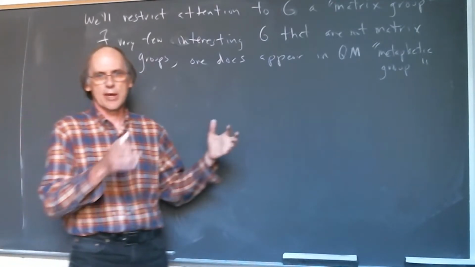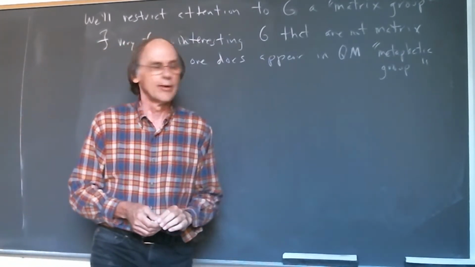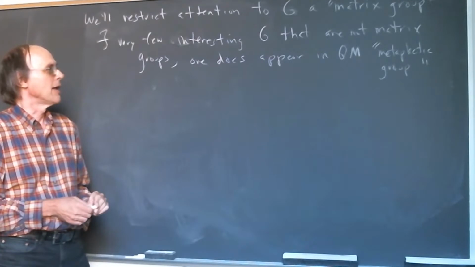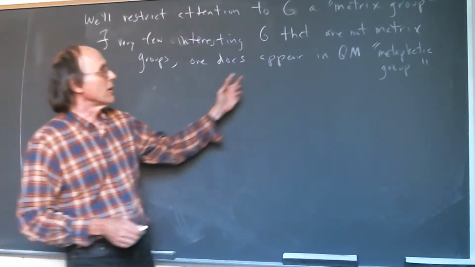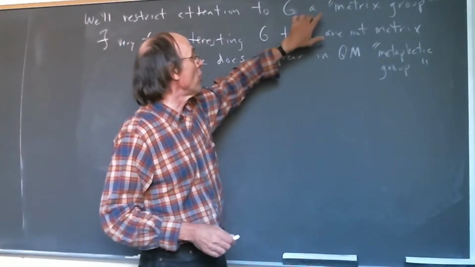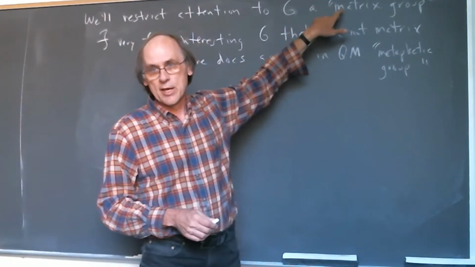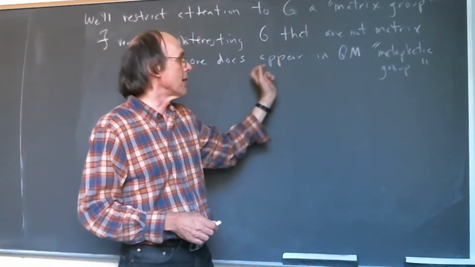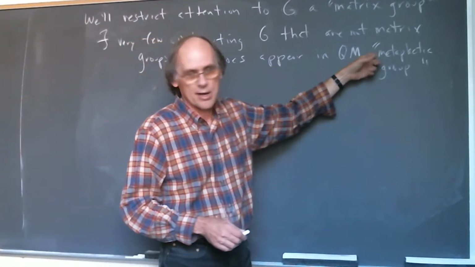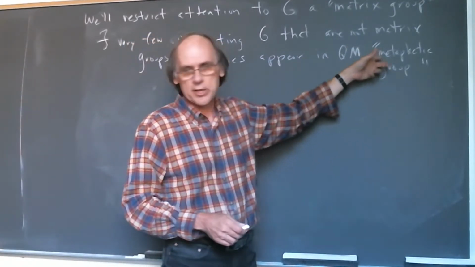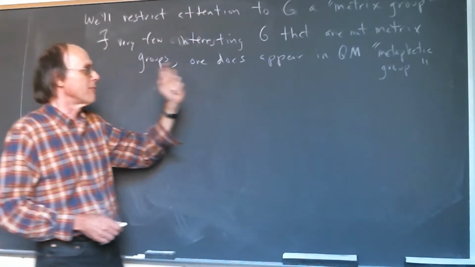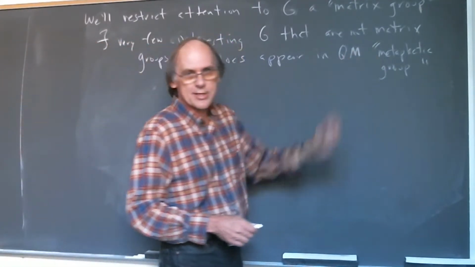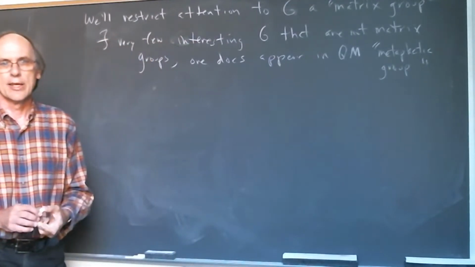You have to deal with serious technology like manifolds, and I don't want to get into that. So we're going to assume for now that all our groups are matrix groups, and at some point in the course I'm going to point out that here's one that just appeared, which actually isn't a matrix group. But in some sense there's only one that's interesting.